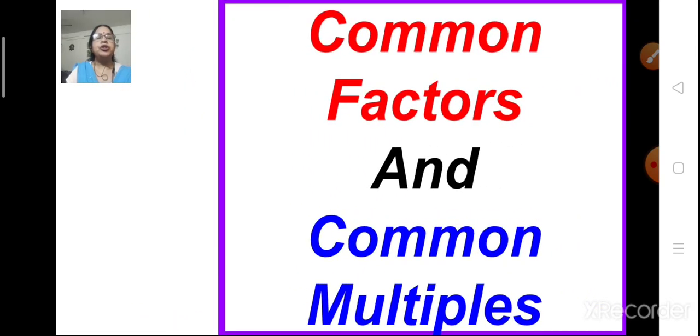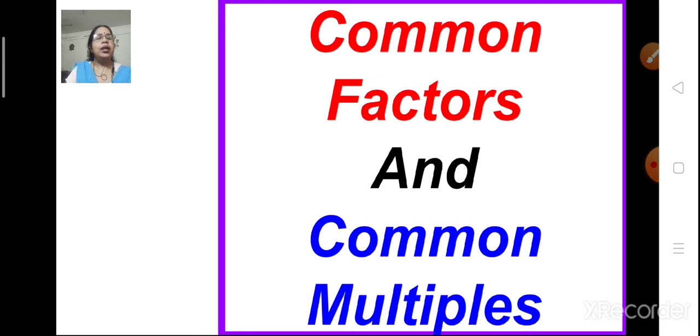Now, let us move on to the next topic, that is common factors and common multiples. Let us quickly recollect what the factors of a number are. The factors of a number are the numbers which divide the number exactly without leaving any remainder. And what are the multiples? If we multiply a number with another number, then the product is their multiple.